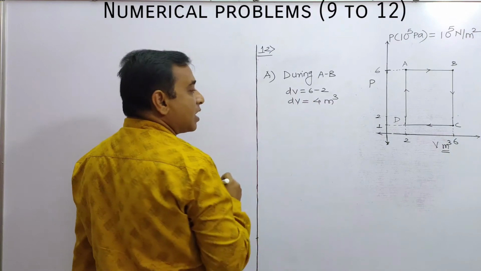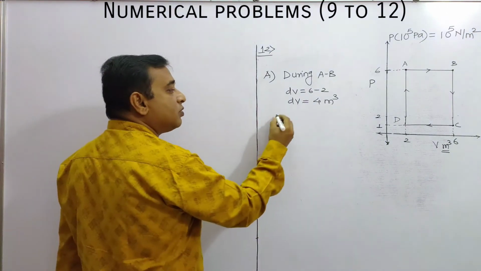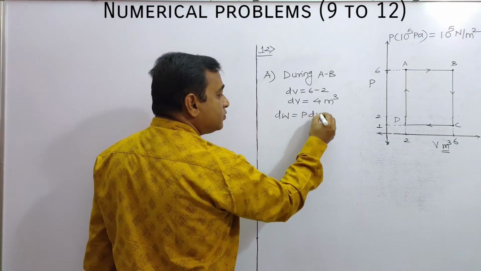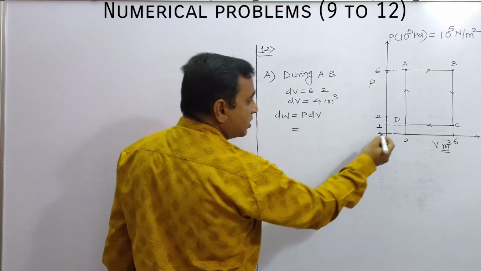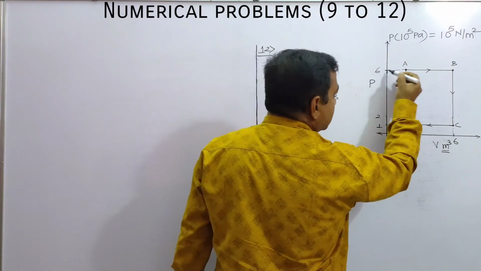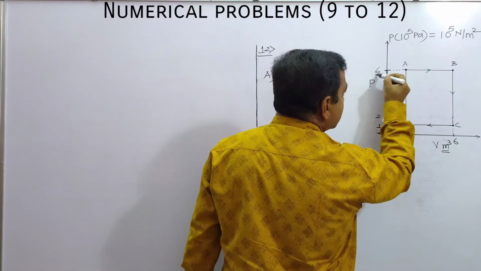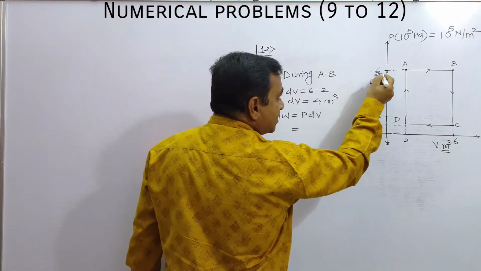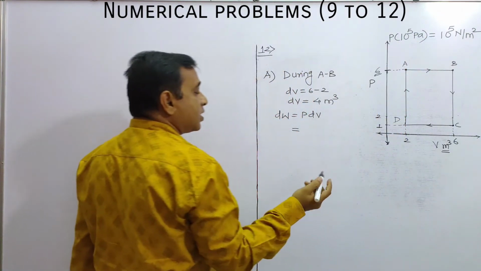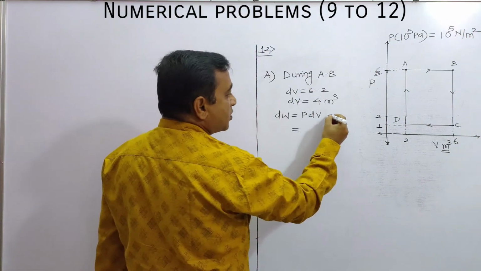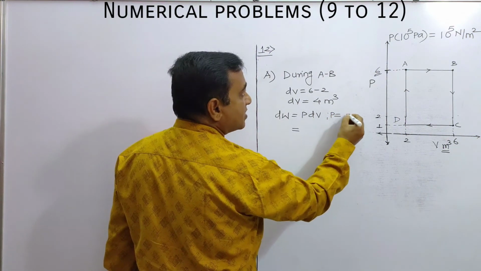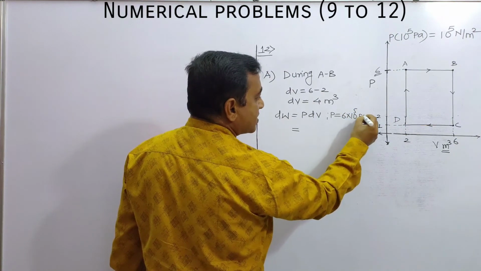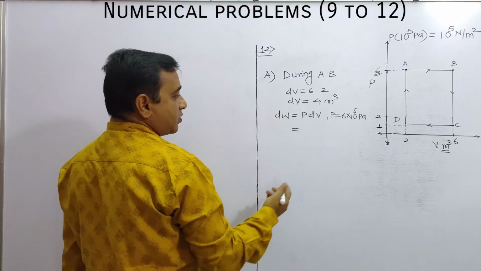So we need to calculate the work done. Work done has the formula pressure into change in the volume. Pressure during this process is 6 into 10 raised to power 5 Pascal or Newton per meter square.